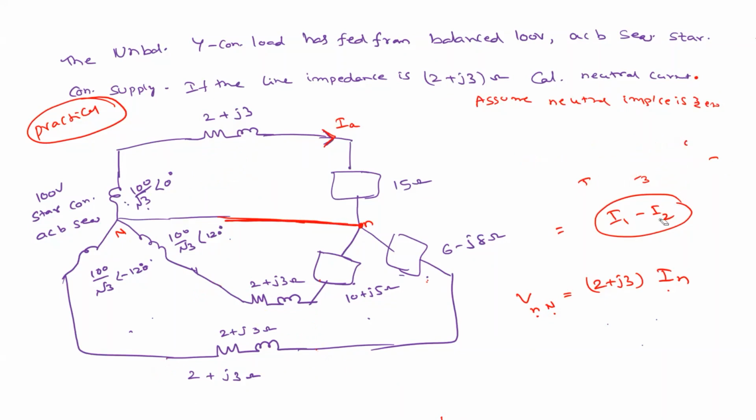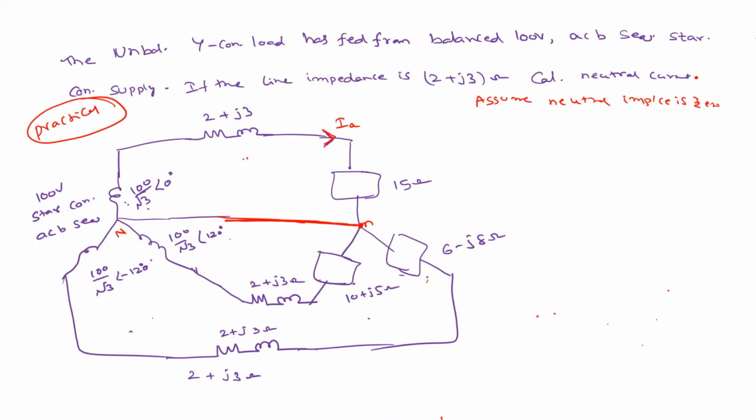So how to calculate this? How to directly calculate the IA value?